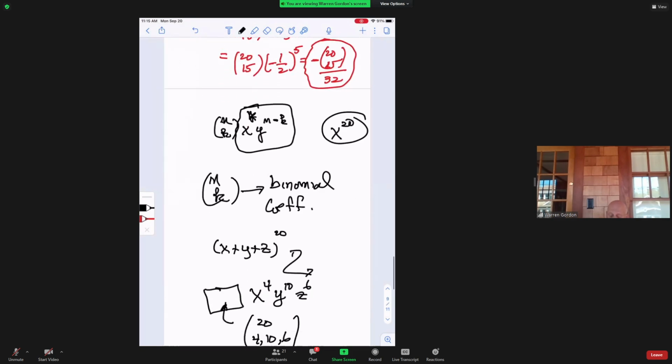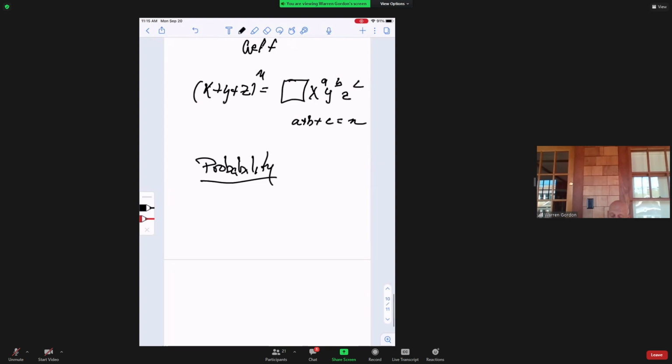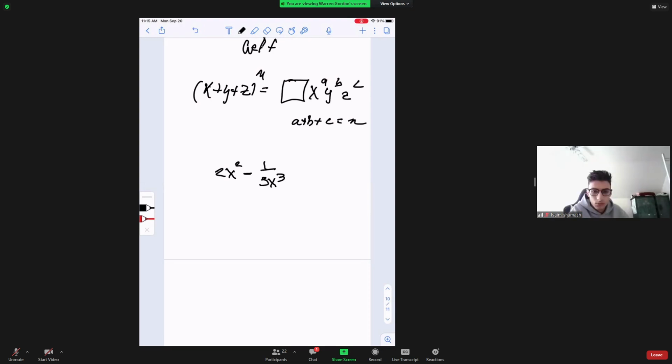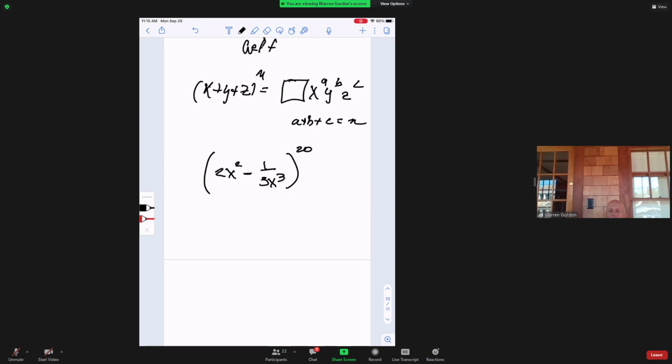Let me give you another variation of that, okay? A slight variation. Let's suppose I wanted (2x squared minus 1 over 3x cubed) to the 20th power. I'll tell you what the question is after I figure it out.